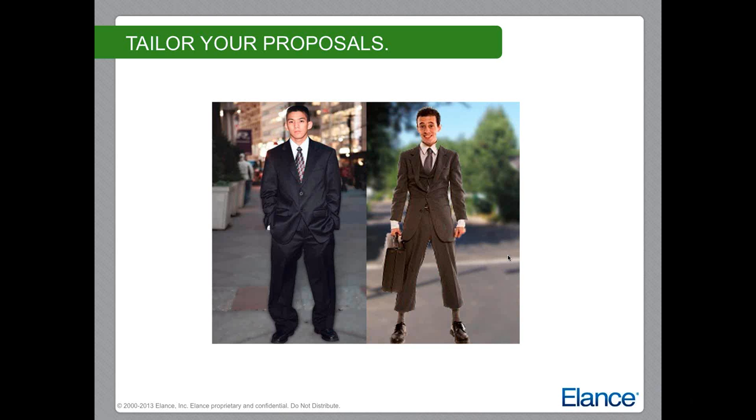Tell him that you would need more information if there is not enough information in the job description. So really focus on tailoring your proposal. Customize them for every single job that you are bidding for, because that will increase your possibilities to get your first job.